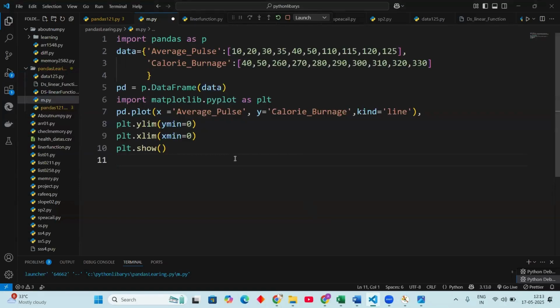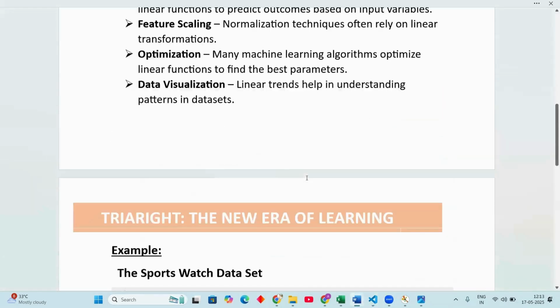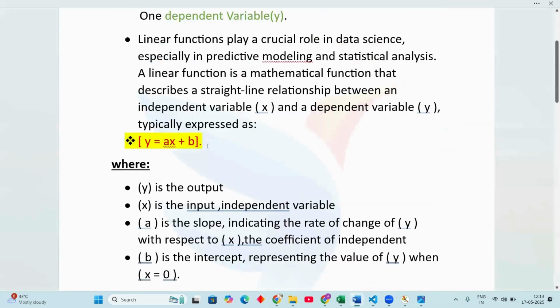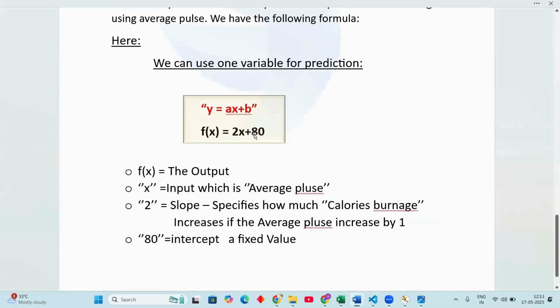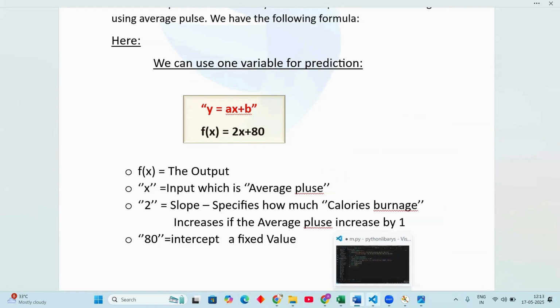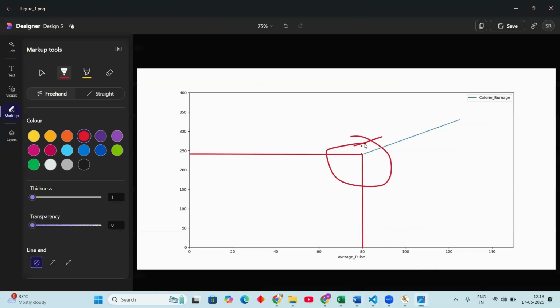Okay, I said I would explain about this. Wait one second. In the beginning of the class, I explained in detail the equation and how 2 and 80 come into the picture. Moving forward, I want to tell what slope is and what intercept is. All of you understand what slope is.